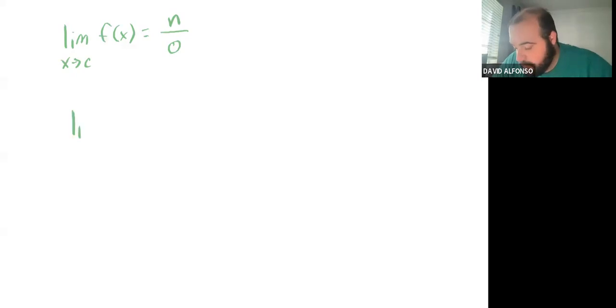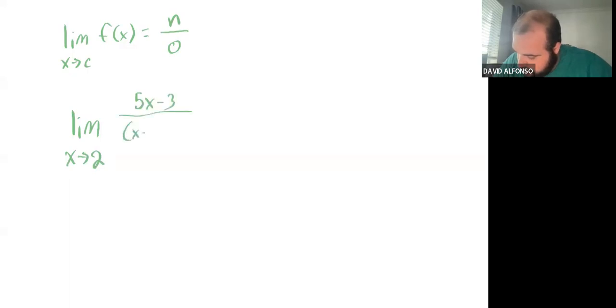So for example, if you had something like this, and you are asked to solve, let's say from the left. First of all, with any limit, the first thing you should always do is a direct substitution and see what happens.